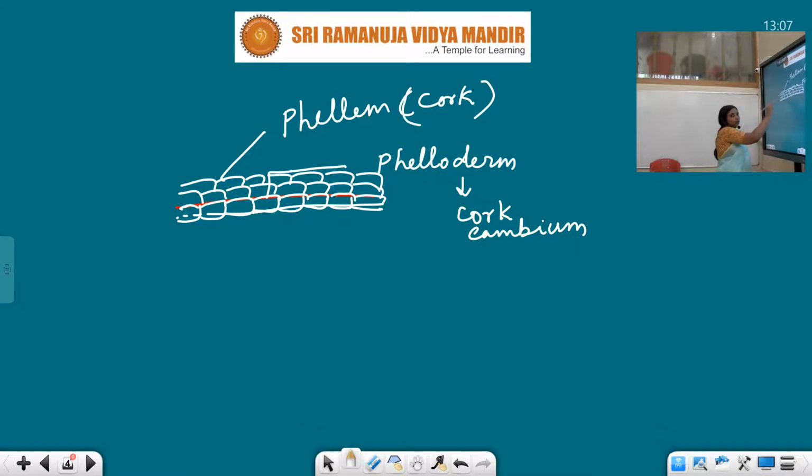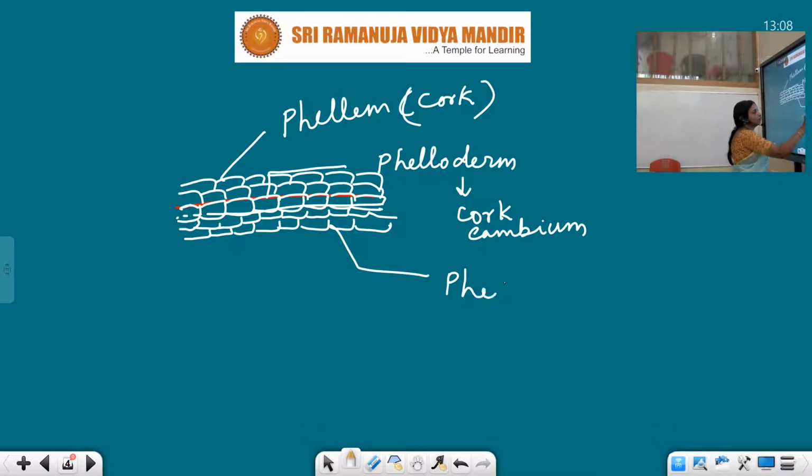And on the inner side, it is dividing periclinally. The inner side cells are known as phelloderm. So the cork cambium divides periclinally and forms phellem and phelloderm. This is phelloderm, which is known as secondary cortex also.